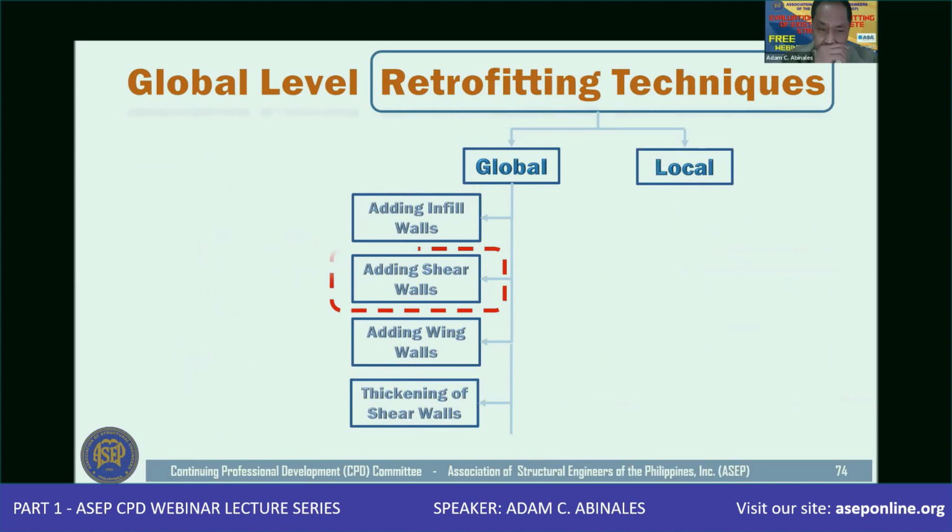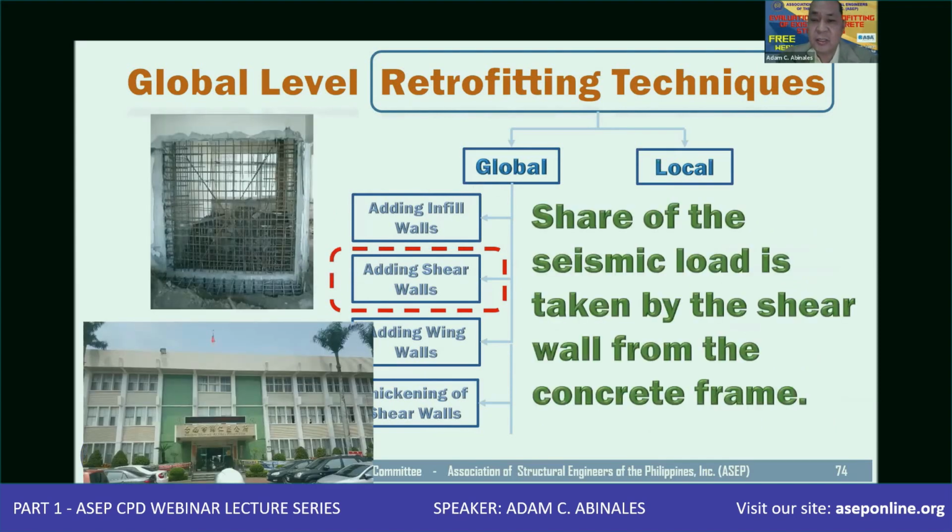Adding shear walls. The share of the seismic load is taken by the shear wall from the concrete frame. Now, let's say, for example, that you have this shear wall here that you have to introduce. What you can see on the lower left portion of the slide is this colored green wall, which was originally not present there. Originally, it was the same as the other base, wherein you have the wall opening where you have the windows.